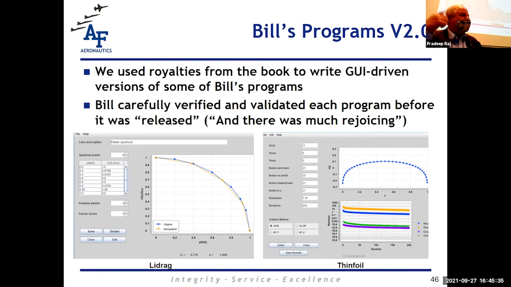So you could actually do some calculations and see how long it would take to converge to the right solution. And we released those. They're on the book website and they're free for anybody to use. And so we were literally doing that up to the week that he passed away in 2019. He wanted to get those programs out in a more useful kind of approach.